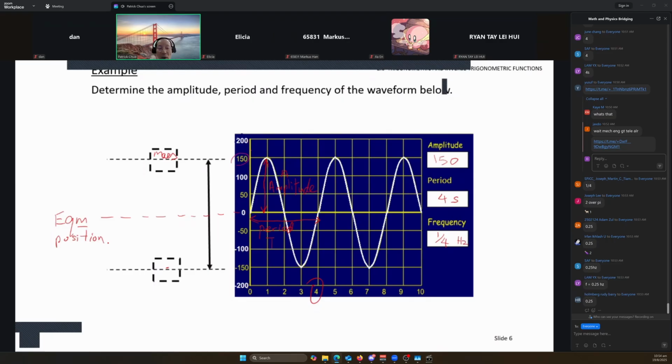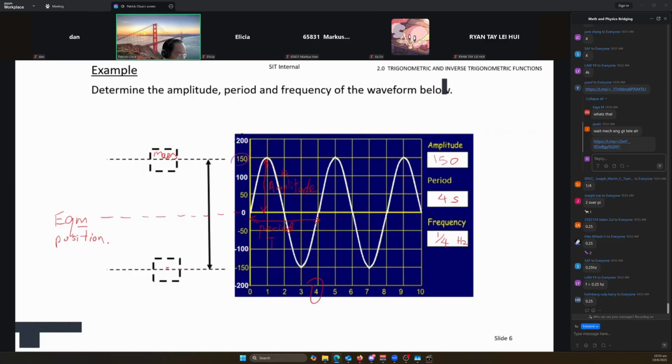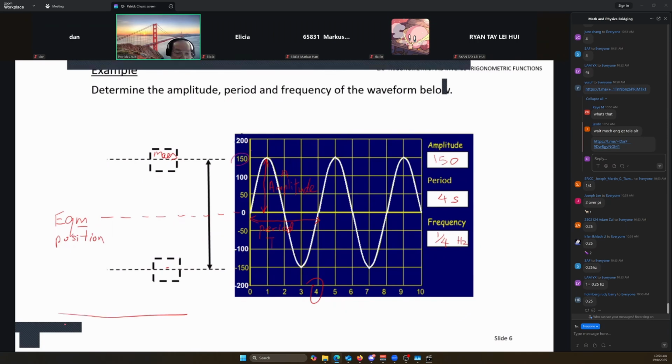So it oscillates about the equilibrium position. Okay. So there are different types of waveform now. For vibration, normally it's sine or cosine. But for other signals, it could be a different type of waveform. It can be a rectangular type of waveform. So some waveform can be like this, about an equilibrium position.